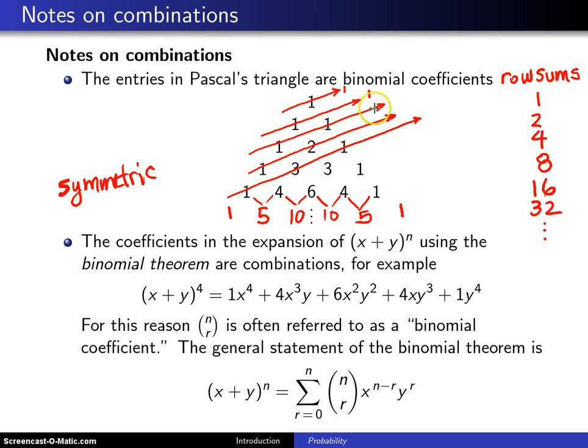In this case, we get 1 plus 1, which is 2. In this case, we get 1 plus 2, which is 3. And in this case, we get 1 plus 3 plus 1, which is 5. And if you consider the series 1, 1, 2, 3, 5, etc., you'll notice that those are the Fibonacci numbers. So that's another thing about Pascal's triangle.